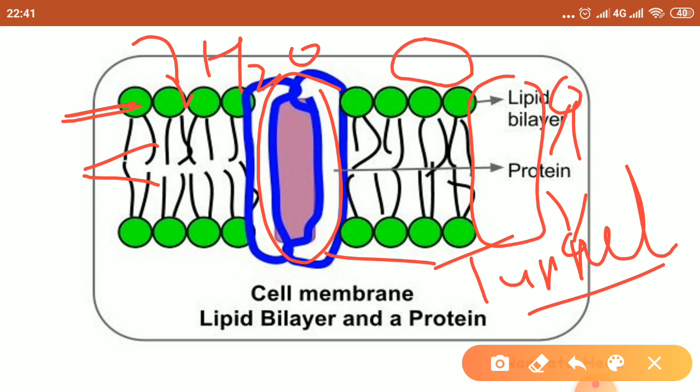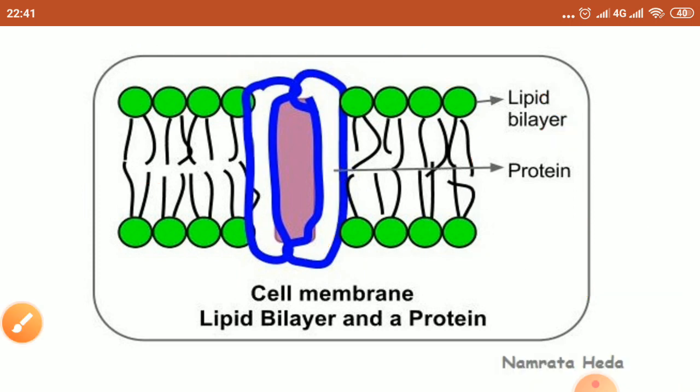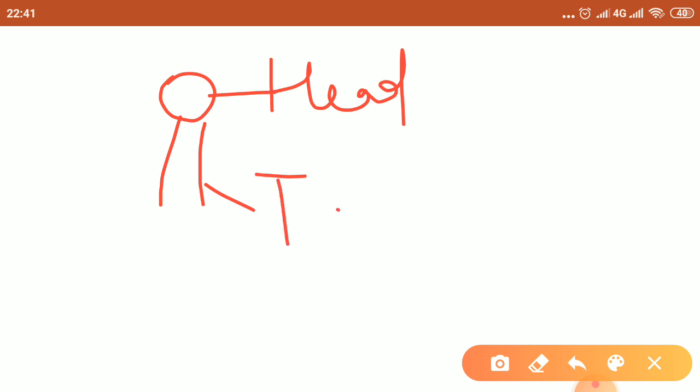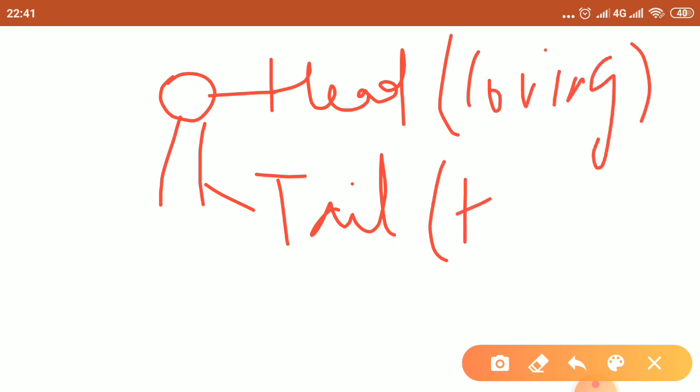This structure visible here is just a portion of the membrane, a minute section of the membrane observed under the electron microscope. Fine. Now let me tell you about the same with a little more explanation. This is the head part, this is the tail part, this is the water loving part, and this is the water hating part.